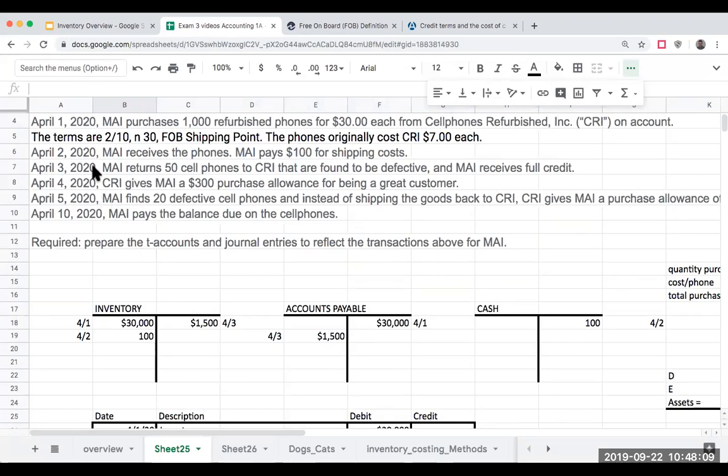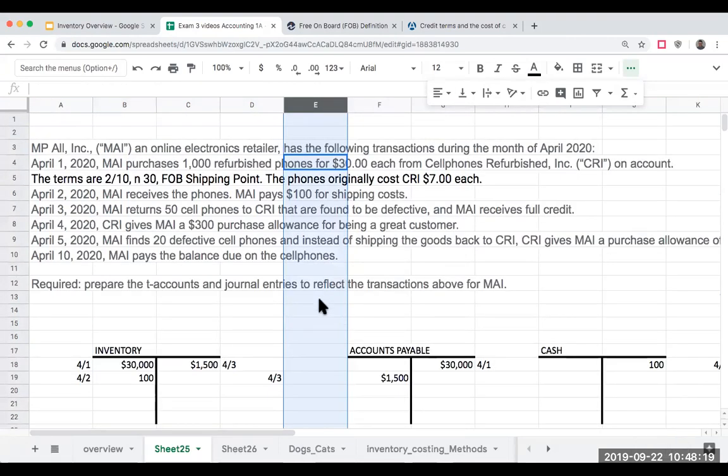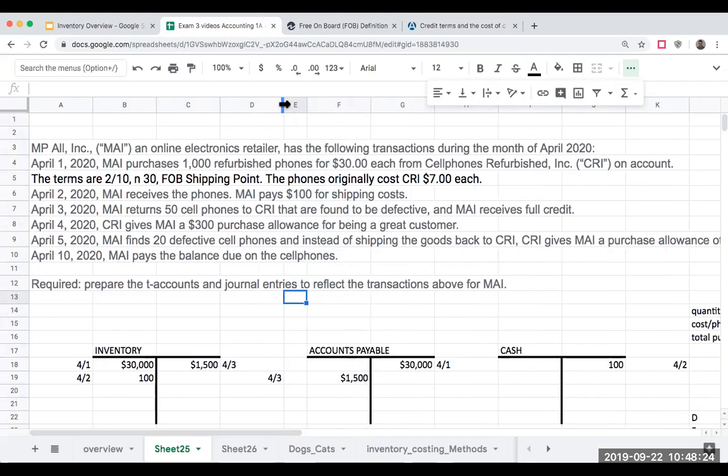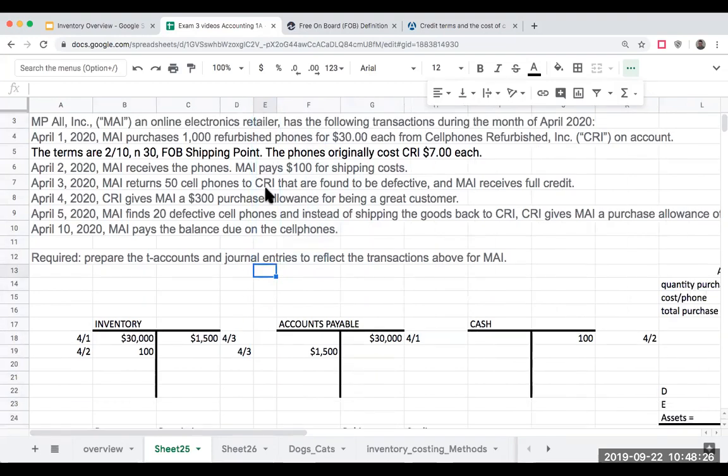On April 4th, we receive a $300 purchase allowance for being a great customer. When I'm receiving a purchase allowance, what that means is that it's going to reduce my inventory cost because I no longer have to pay this.